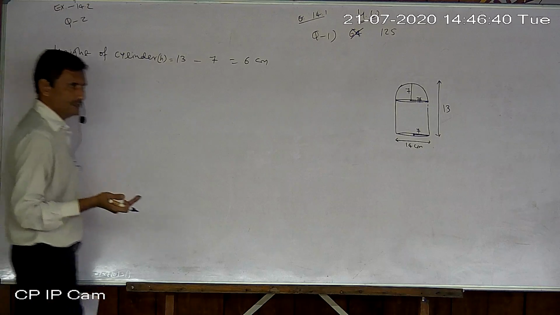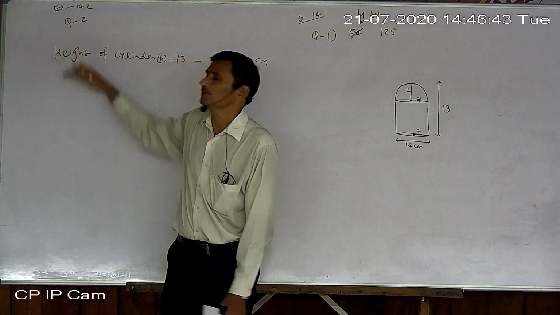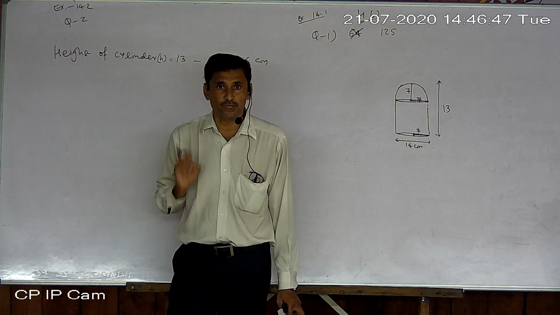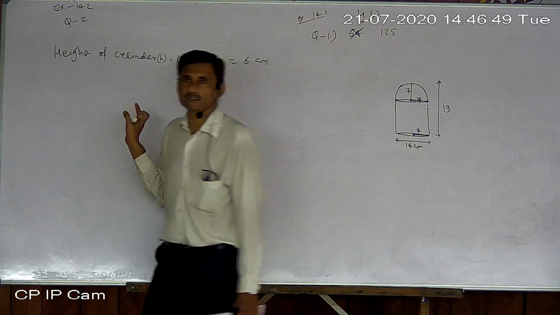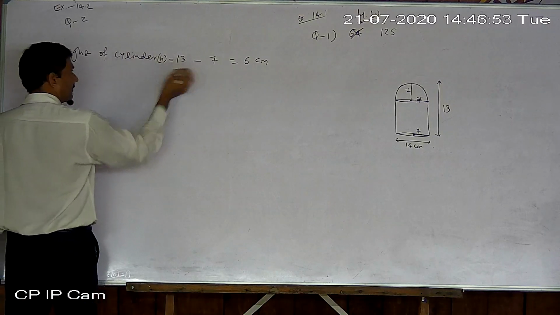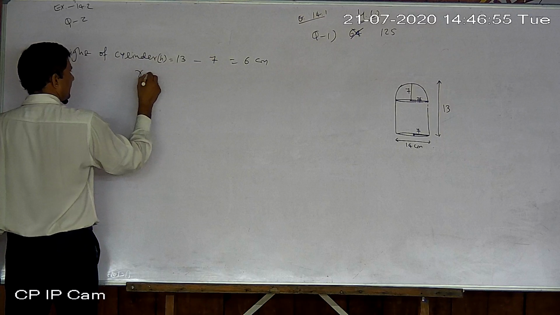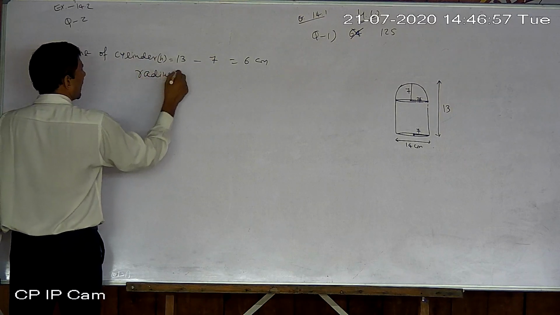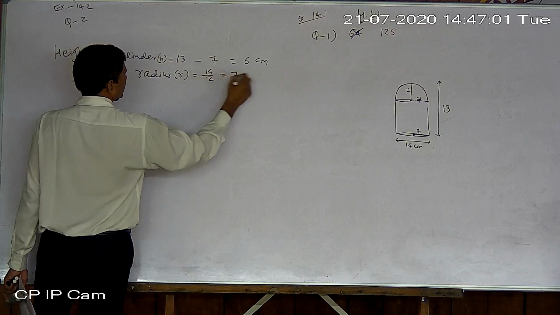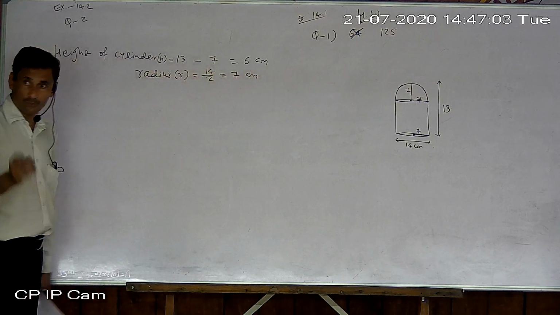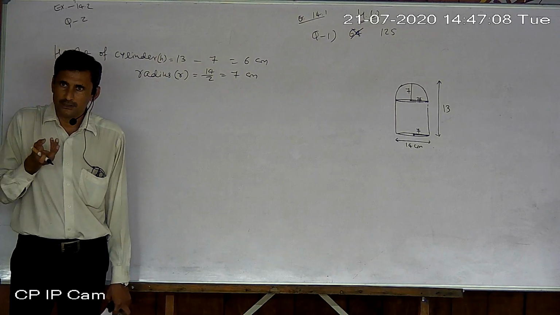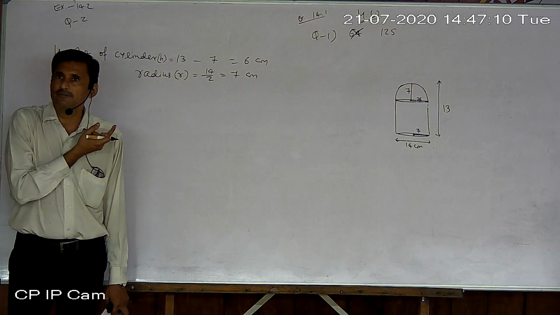Now what else is given? So this is one type of list. We have to write the list very carefully first of all, then only start to find the area. So h is already found. R, radius: radius R equal to 14 by 2, 7 centimeters. Where did 7 come from? That also you have to show. Do not write 7 directly; you have to show and clarify it.